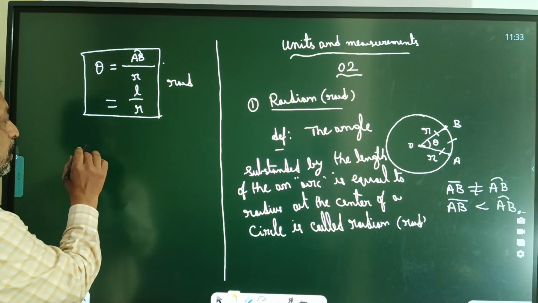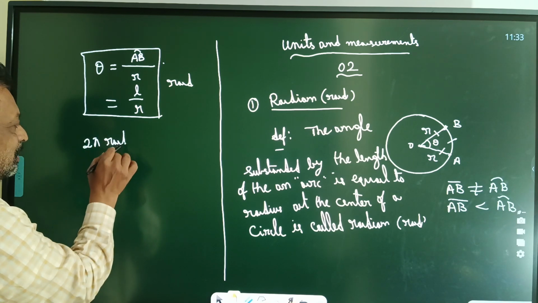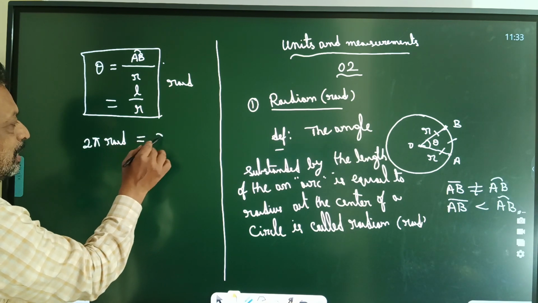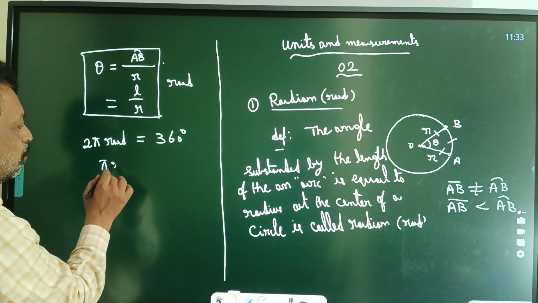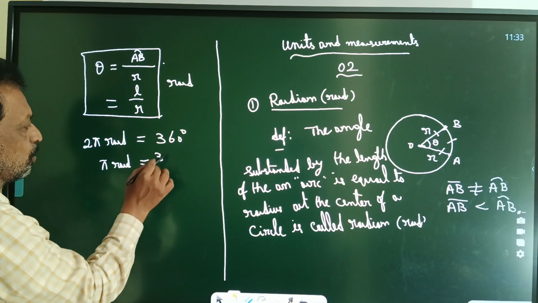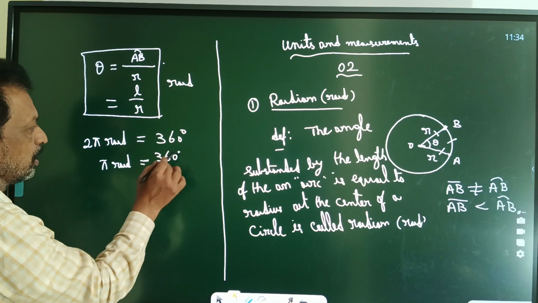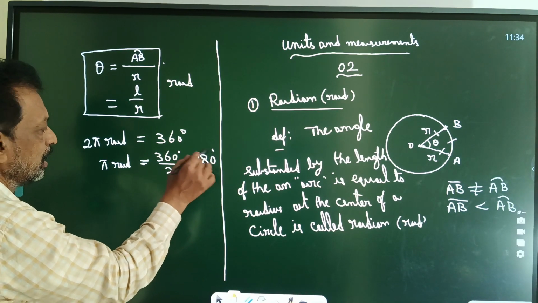Now we already know that 2 pi radian makes a circle. 2 pi radian is equal to 360 degrees. Pi rad is equal to 360 by 2, that is 180 degrees.